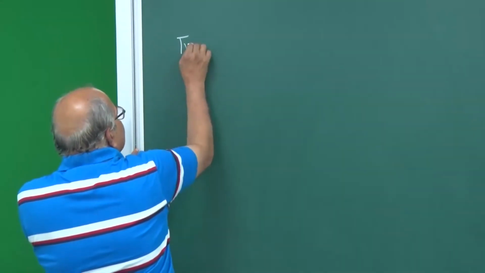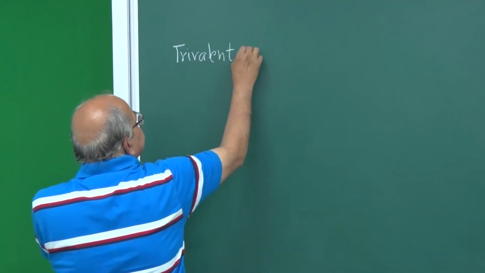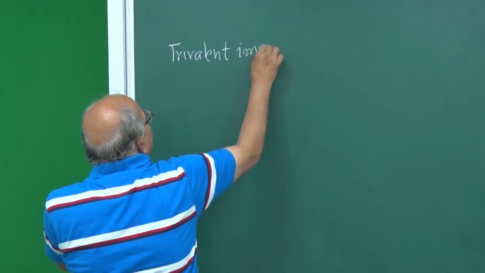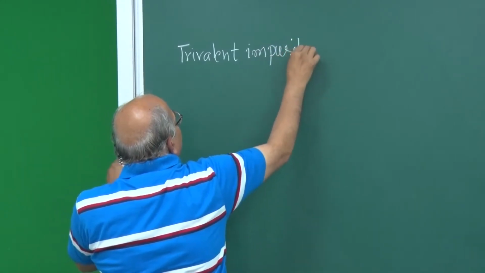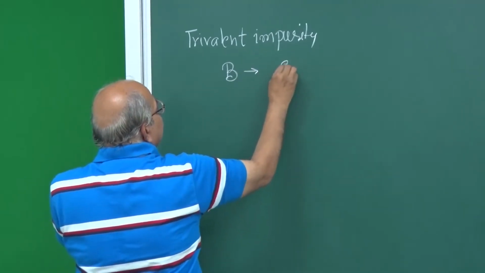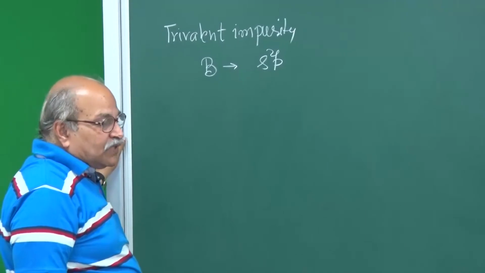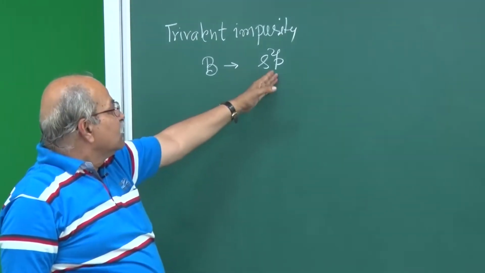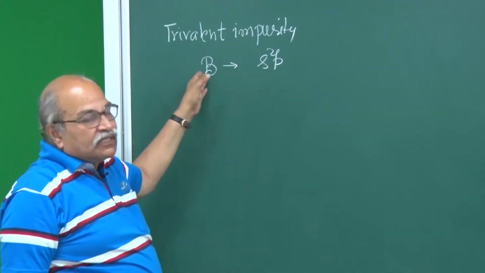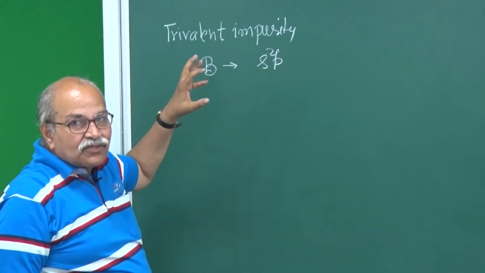So if you have that trivalent impurity, let us say boron, the outer one will have S2P instead of S2P2. In silicon it is S2P2, in boron or aluminium it will be S2P. So there are 3 outer electrons only.